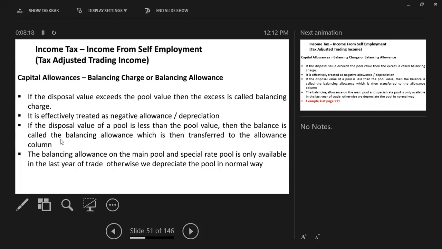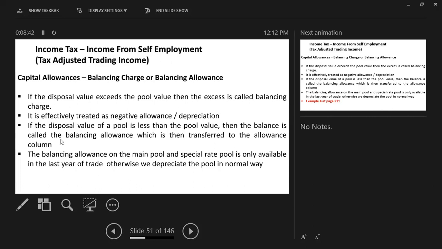We'll write its own cost, its own disposal. Whenever any private use asset or short life asset is disposed, it will have a balancing allowance or balancing charge automatically. But in a pool, multiple items are pooled together, so any disposal will not result in a balancing allowance or balancing charge.